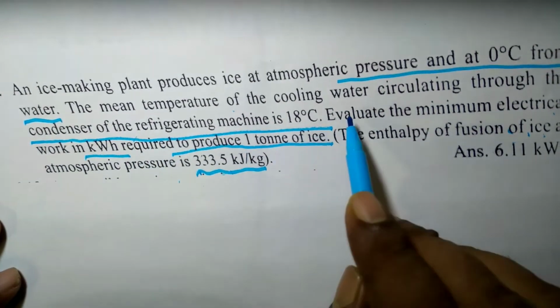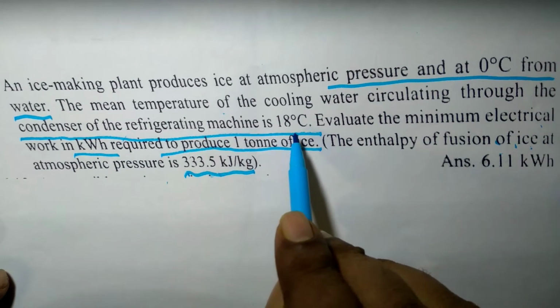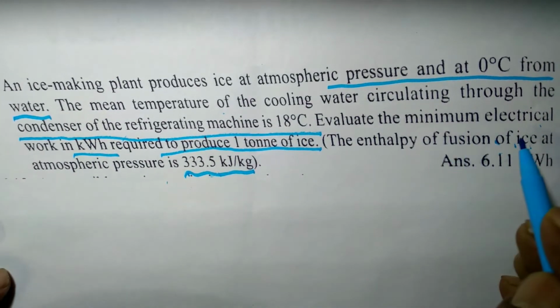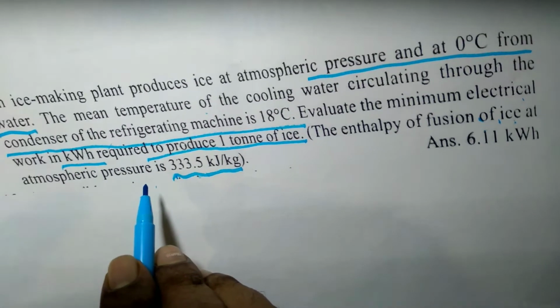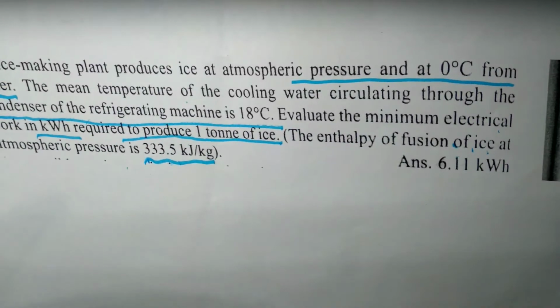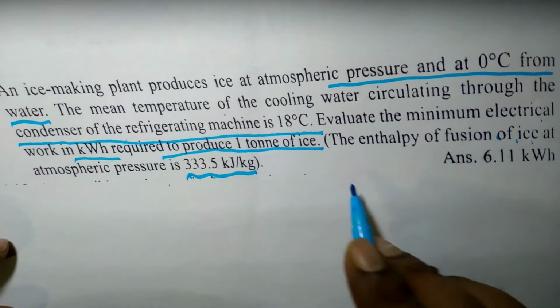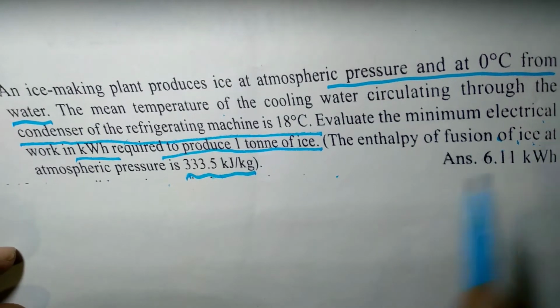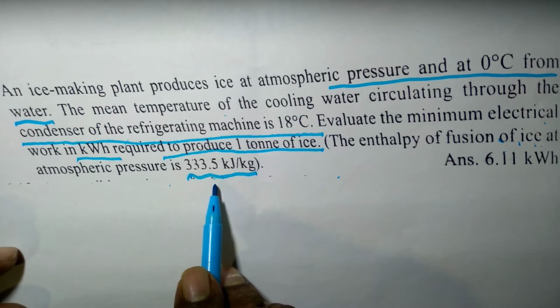The mean temperature of the cooling water circulating through the condenser of the refrigerating machine is 18 degrees Celsius. Evaluate the minimum work in kilowatt hour required to produce 1 ton of ice. The enthalpy of fusion of ice at atmospheric pressure is 333.5 kilojoule per kg.